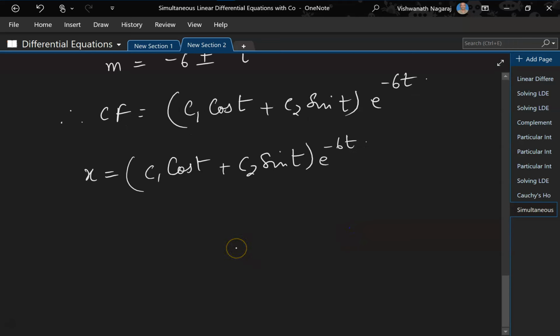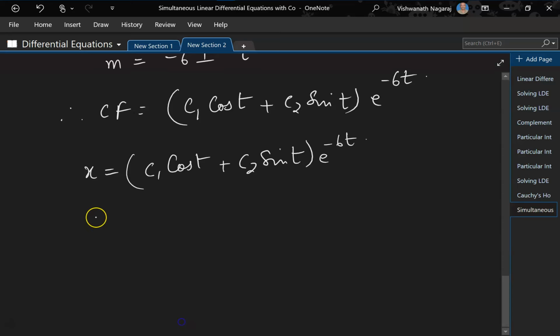Now we have to figure out y. We can get y by substituting x into any one of these two equations, right? So we will require dx by dt.